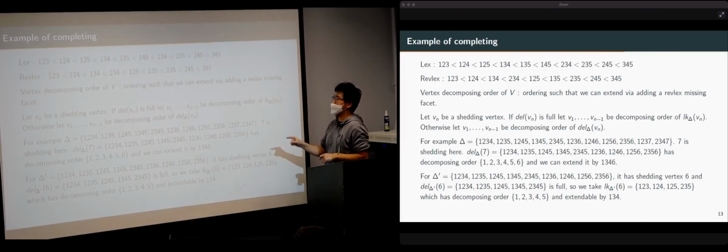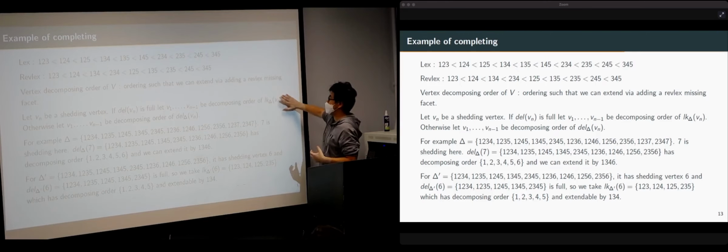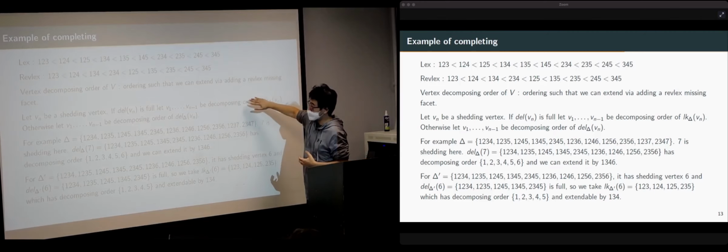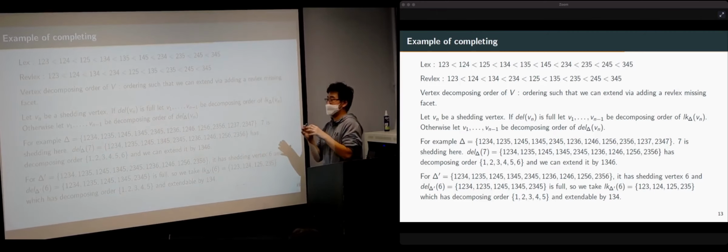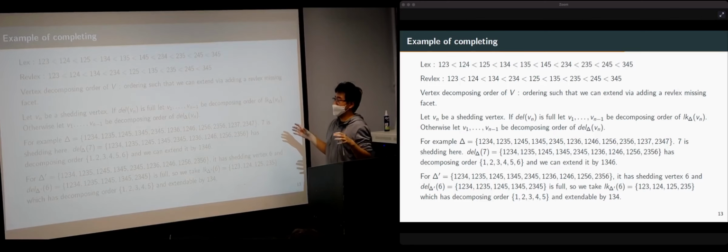What is the idea behind finding the ordering of a vertex set so that you can extend by taking the revlex missing facet and get a vertex decomposable complex? Well, here's the algorithm. If you have a shedding vertex, you always set that to be the biggest vertex. And then it's kind of a choose your own adventure.